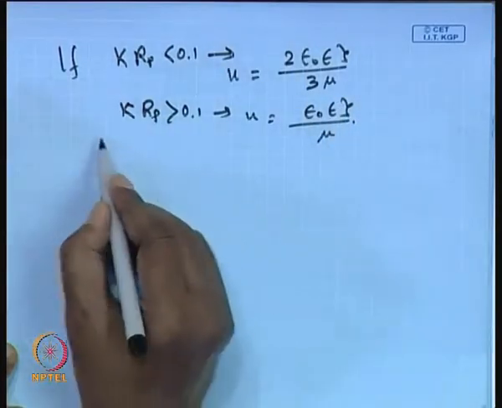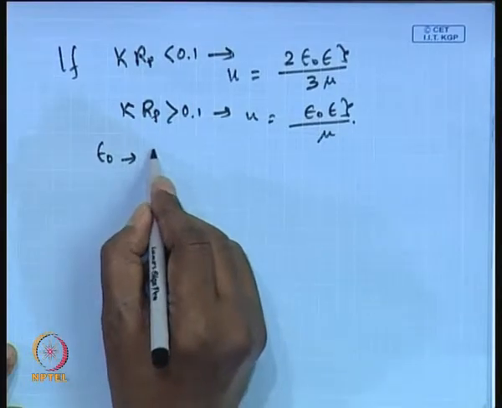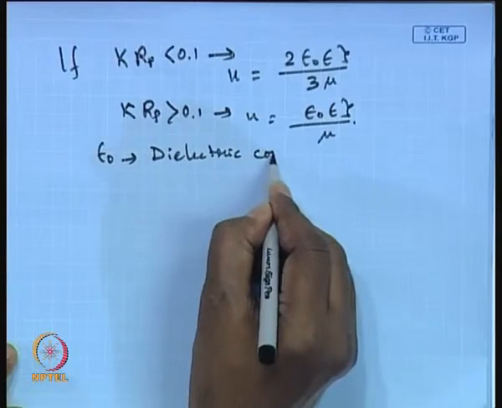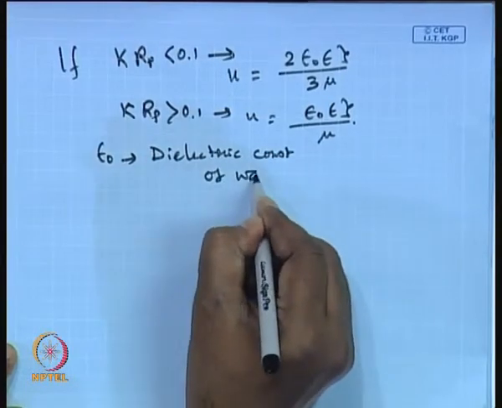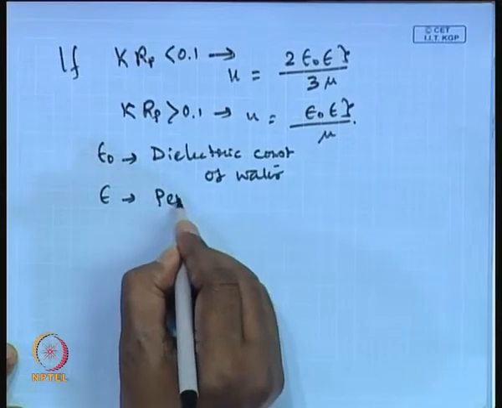This epsilon 0 is basically the dielectric constant of water. This value is around 80, and epsilon is the permittivity in vacuum.